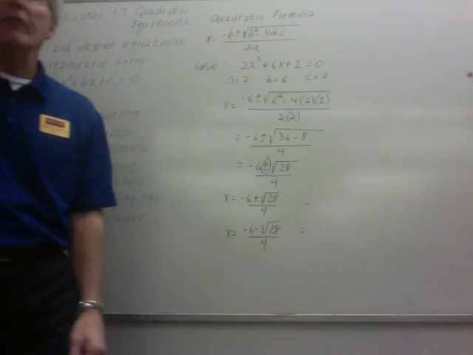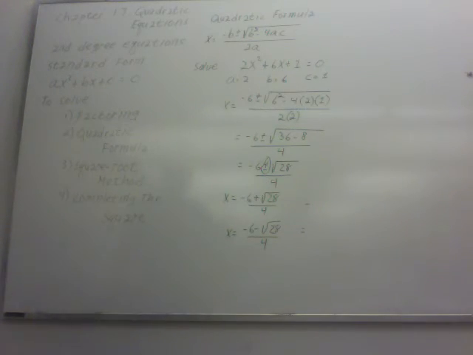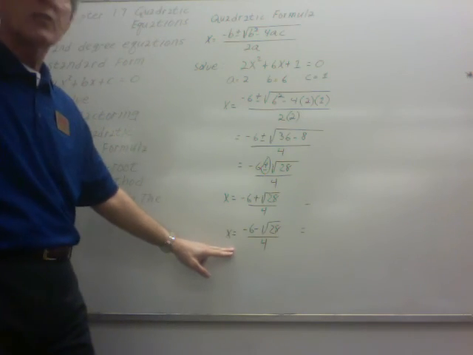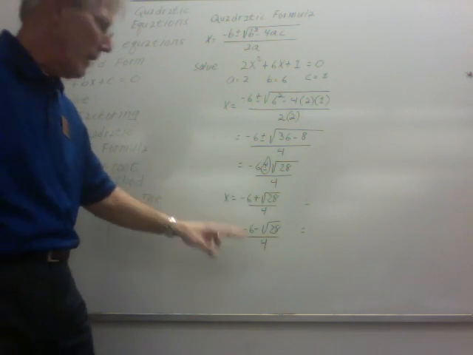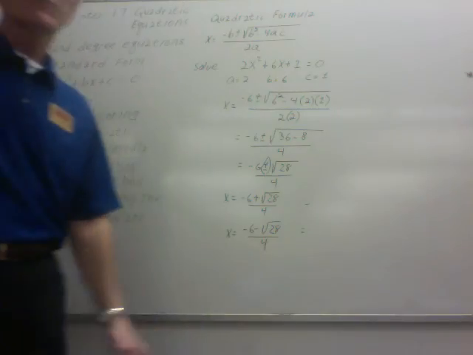Negative 6 plus the square root of 28 equals, then divided by 4, because if you don't do that, you're going to get the wrong answer, because your calculator is not going to do order of operations for you. So you're going to do negative 6 plus the square root of 28 equals, divided by 4 equals. Down here, you're going to do negative 6 minus the square root of 28 equals, divided by 4 equals, and we should come up with two answers here. What do we get?